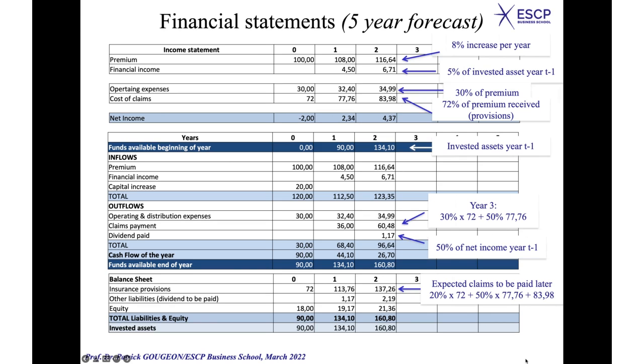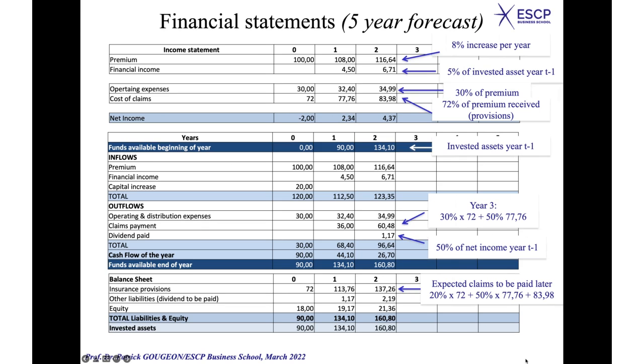Then, when you look at year 1, you had a cost of claims of 77.76. You already have paid 50% of that. What remains to be paid? Another 50%. So you have 50% of this. When it comes to year 2, you have received premium 116.64.